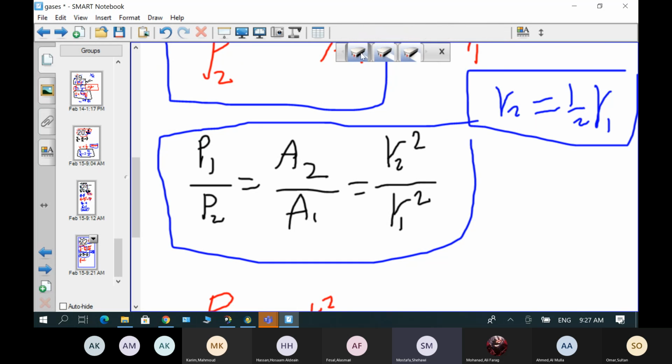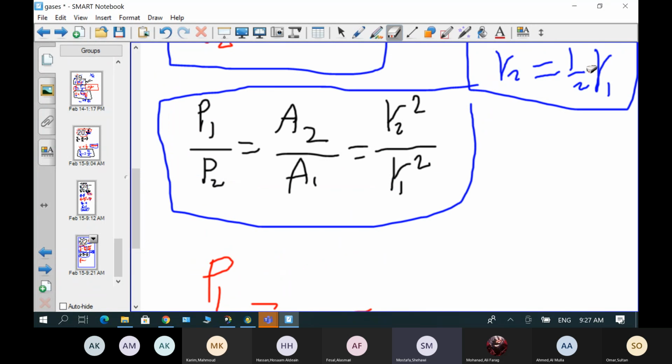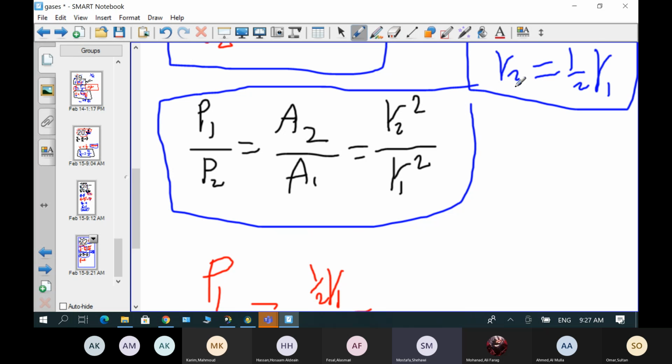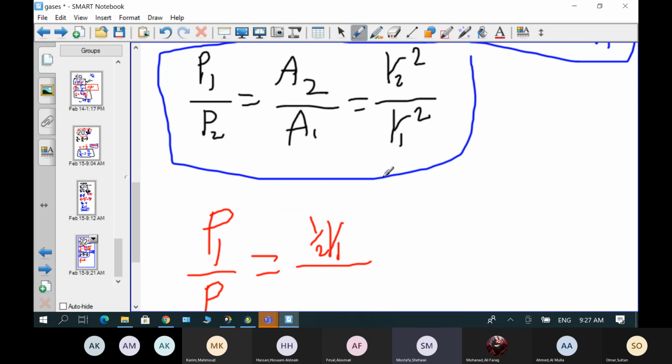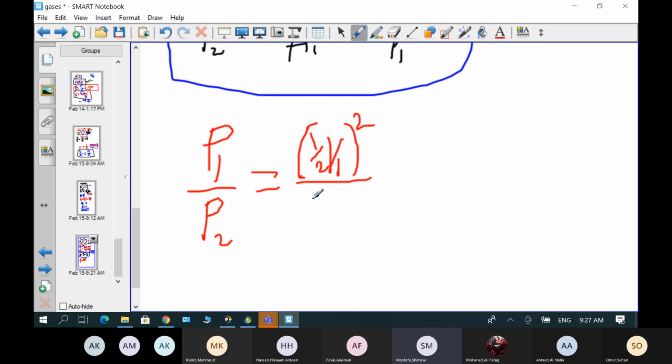Let me correct it, because I'll use the equation, I will not use R2. R2 here equals half R1. So I'm going to put here half R1, this is R2 from the equation, R2 equal half R1, and then put the square over all of that, divided by R1 squared.